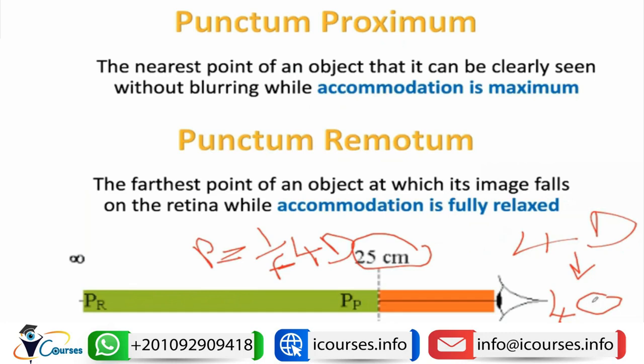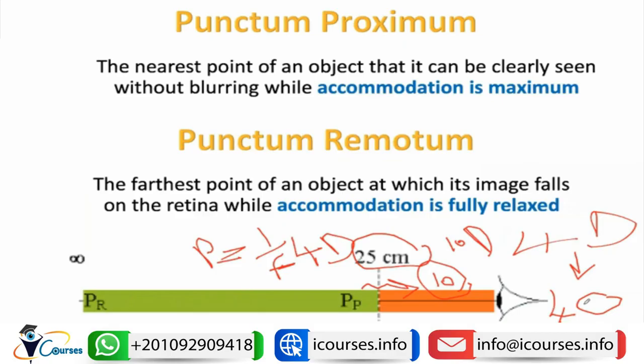While we are 40 years old, we exert all our accommodation, which is 4 diopters, in order to see clearly. Any object beyond this punctum proximum, so it will be about 10 centimeters, will not be seen clearly, because for an object placed at 10 centimeters to be seen clearly, this needs a 10 diopter accommodation. And at this age, we don't have a 10 diopter accommodation.